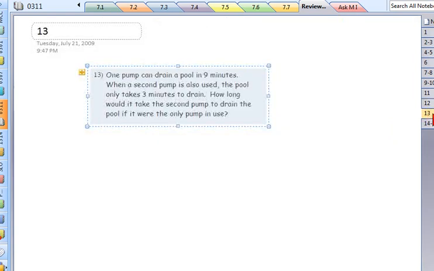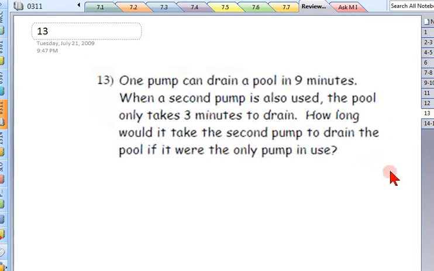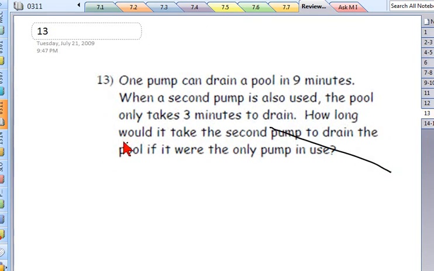Okay. 13. All right, we have a pool problem. It says 1 pump can drain a pool in 9 minutes. That's either a very small pool or a very powerful pump, because it takes a little while. All right, 1 pump can drain it in 9 minutes.